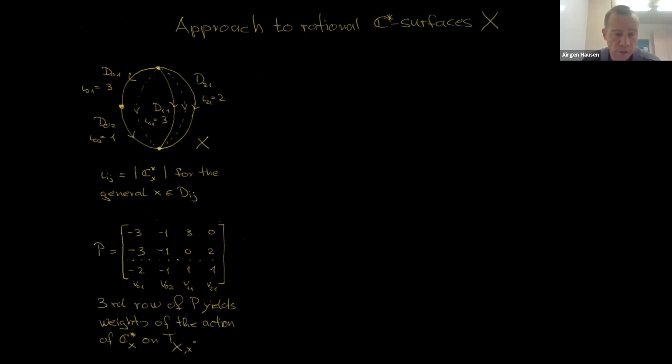If you look at the action on the tangent space of the isotropy group C-star at x, then this action has a certain weight, and this is the class of the number in the bottom row modulo lij. Okay, now I claim that from this matrix I can reconstruct the surface, and this runs as follows.